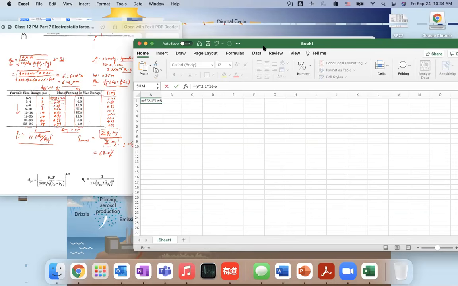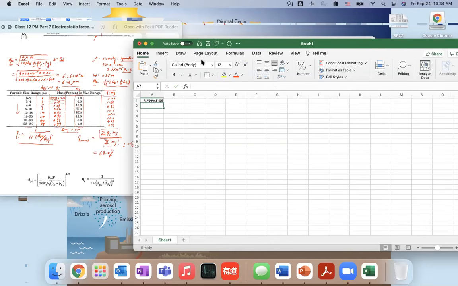Right, then multiply 0.25 divided by 2, 3.14, 6, 20, 1600. Right, this whole thing to the power of 0.5. Okay, so this is what I get.